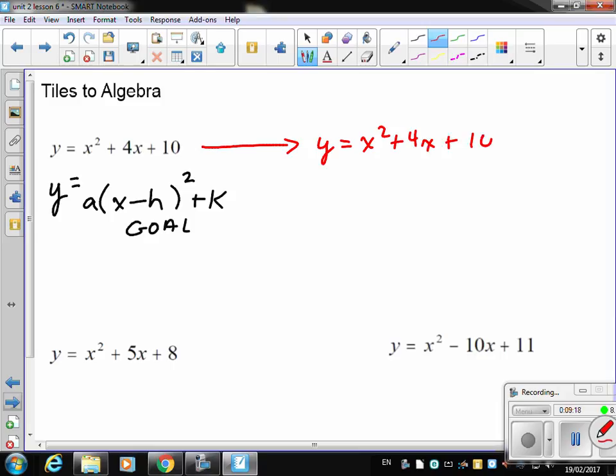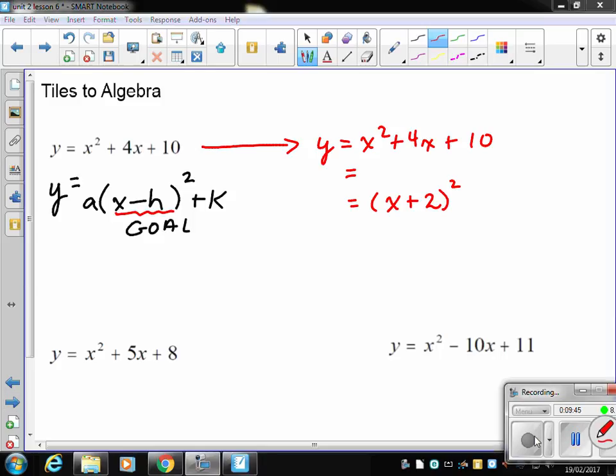I'm going to skip a line on purpose. And I know that my vertex form always has x add or subtract a number in brackets. And the last one that I saw, the number was half. That is always true. (x plus 2) squared is going to be part of our answer.